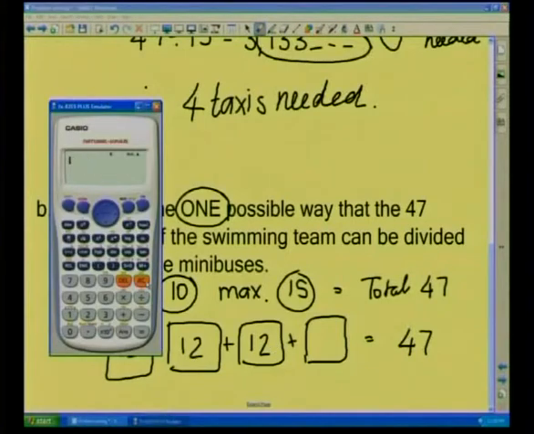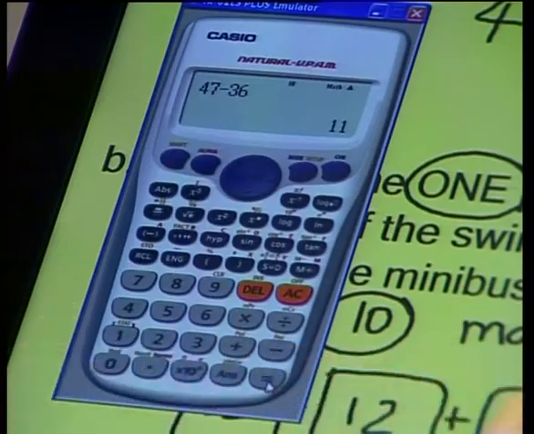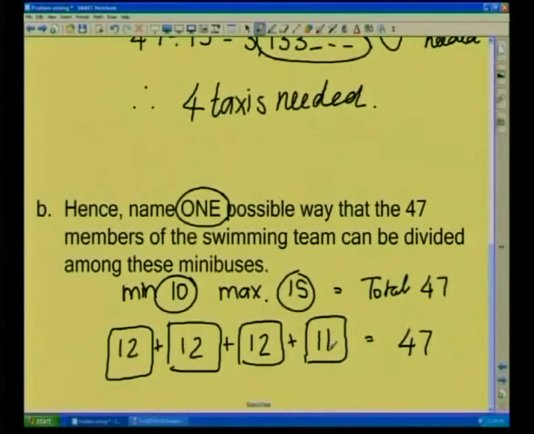And let's see what 47 minus 36 is equal to 11. So that works perfectly. Obviously, I could have had different numbers as long as my numbers were above 10 and below 15, and they added up to be 47.